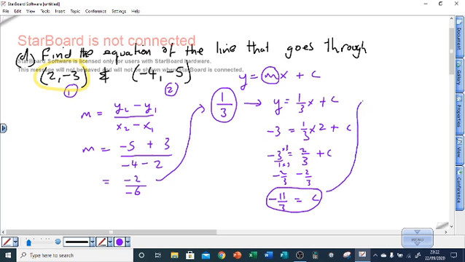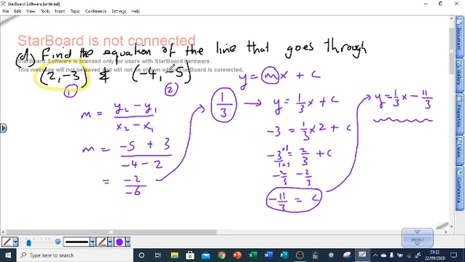So all we've got to do now is put that back into here. So the graph's equation is y equals 1/3 x plus c, so that's plus minus 11/3, which becomes minus 11/3, and that there is the equation of a line that goes through two given points. Let's go through that.